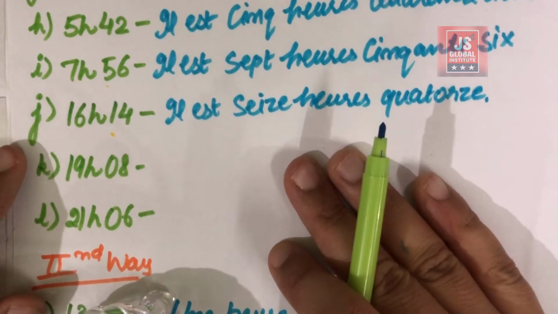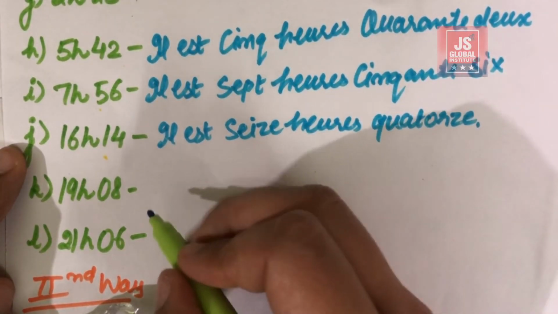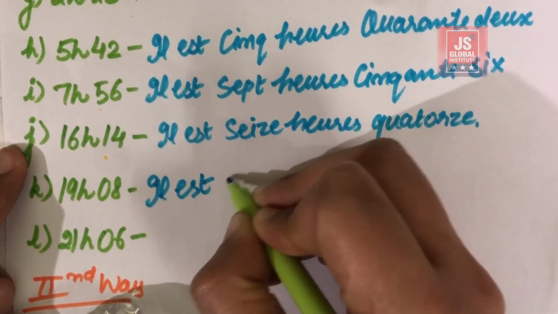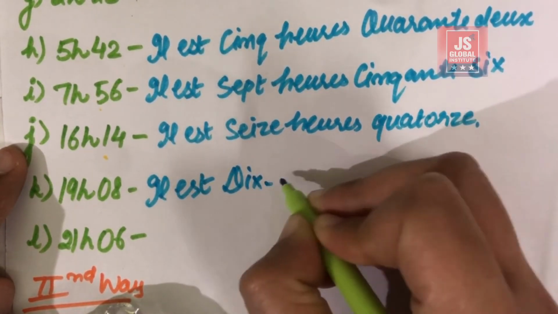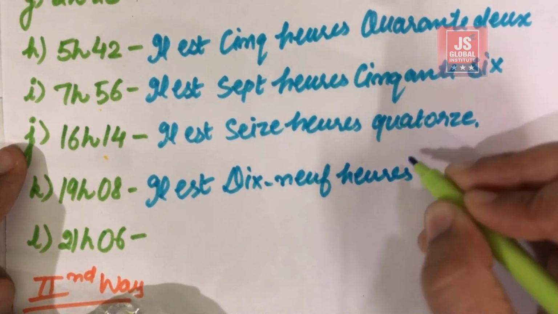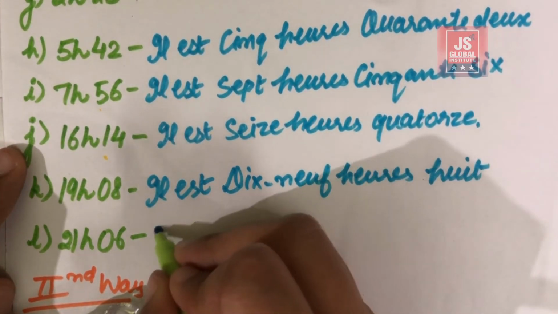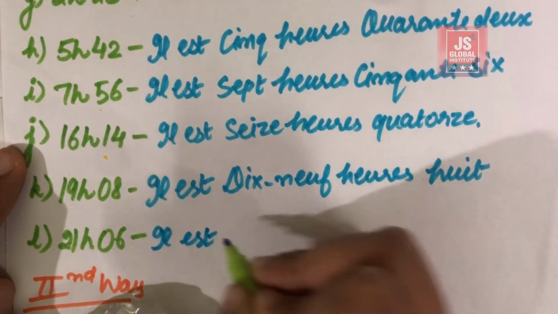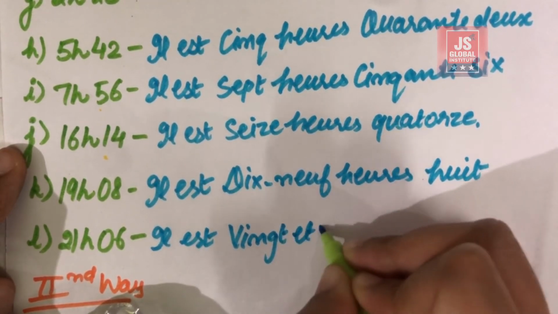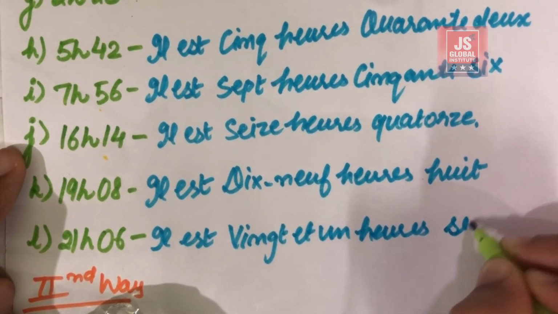So there are two more examples like this. So I'm also going to answer it right now. Il est 19h08. Okay. Il est 21h06.